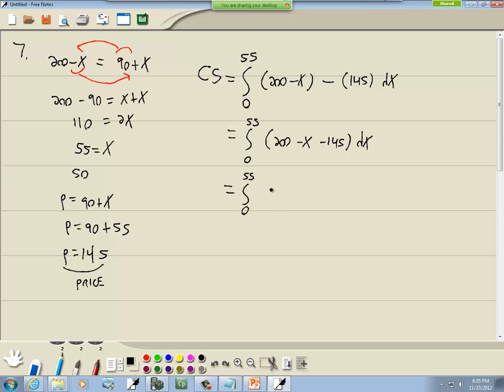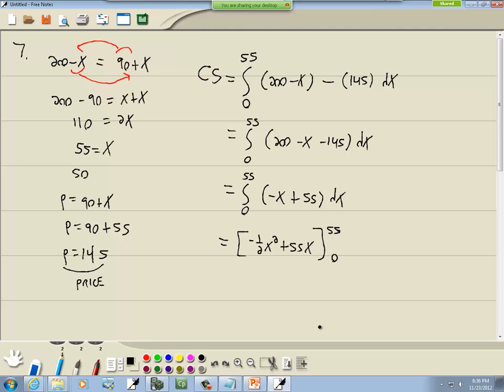0 to 55, we got negative X. 200 minus 145 is 55, I believe, dx. Add 1 to our power, divide by our new power, so we got negative 1/2 X squared, and then 55 just becomes 55X. And now we're ready to plug in our numbers.